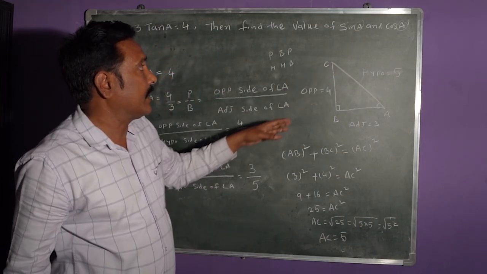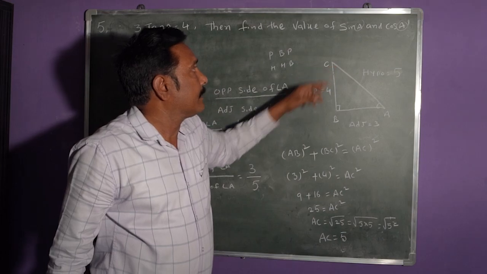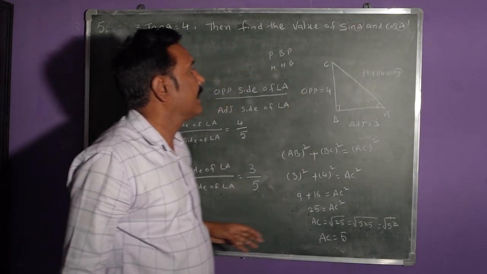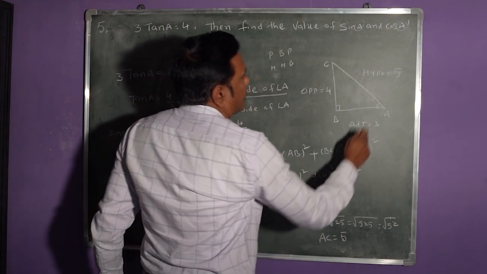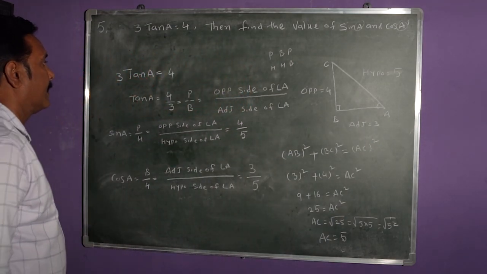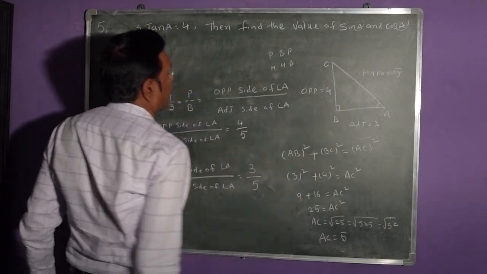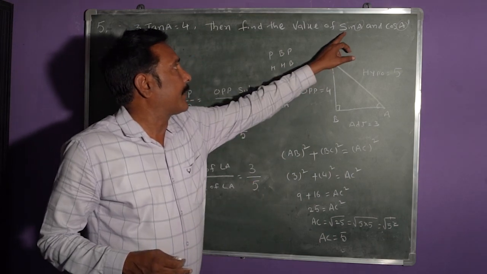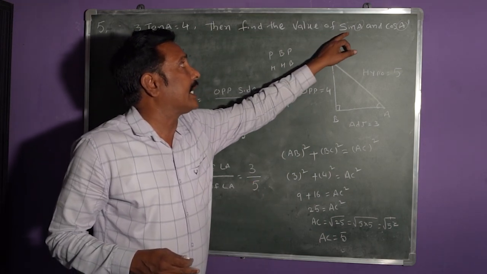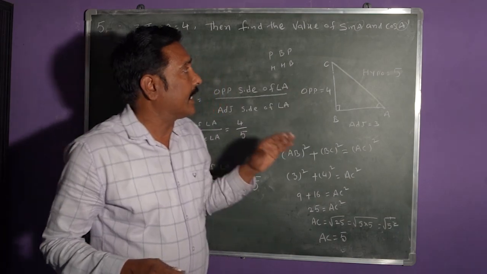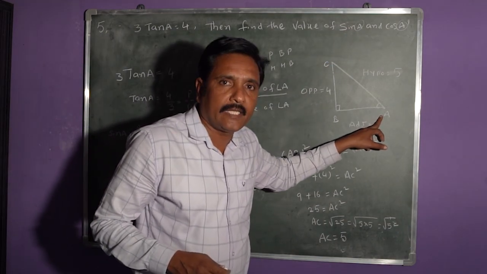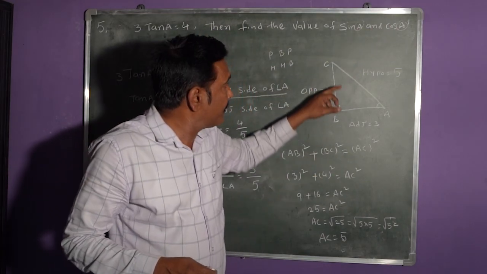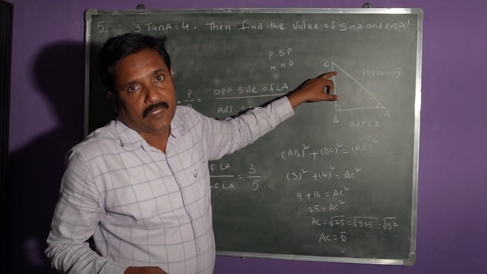Question is not given angle B. Question is given only sin A, cos A. That's why I will see from the angle A. ఇక్కడ చూడండి మనల్ని ఇక్కడ ప్రశ్నలోనే question is given sin A and cos A. That's why I will see from the angle A. If the question is given sin C and cos C, I will see from the angle C, this side.